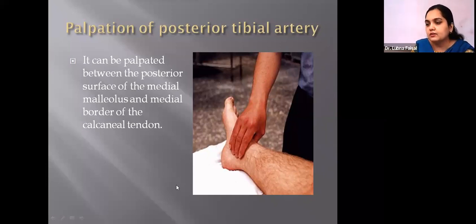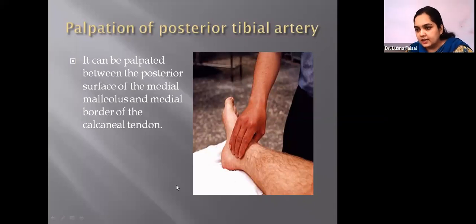One branch from the tibial nerve is the medial sural cutaneous branch, and one branch from the common peroneal nerve is the sural communicating branch. Together they form the sural nerve. Any more questions? Got my point?